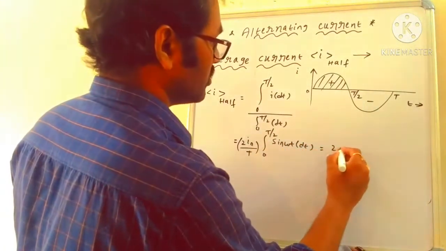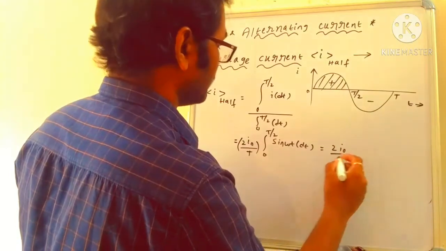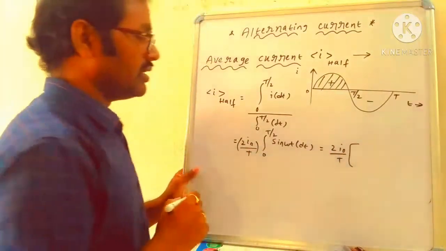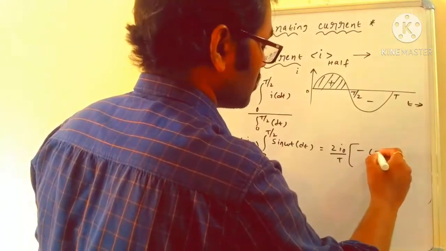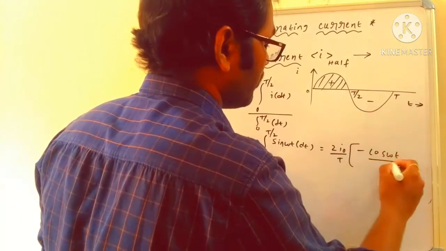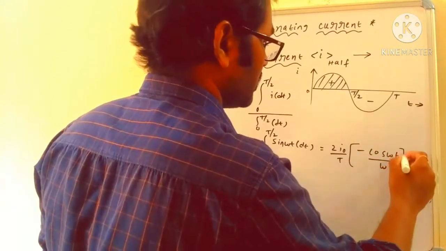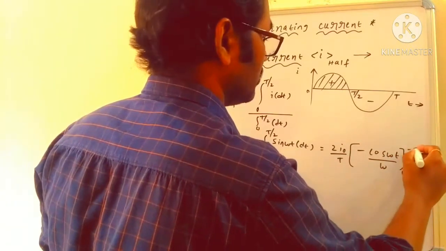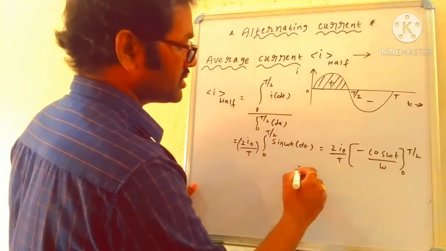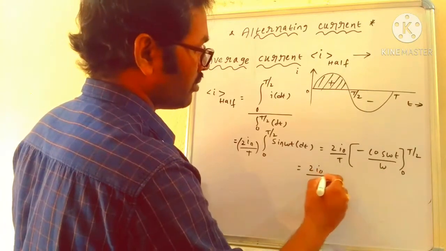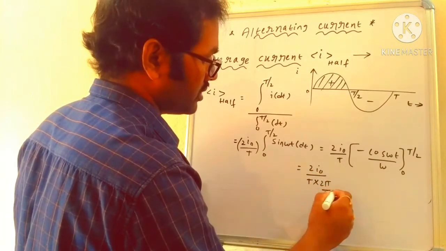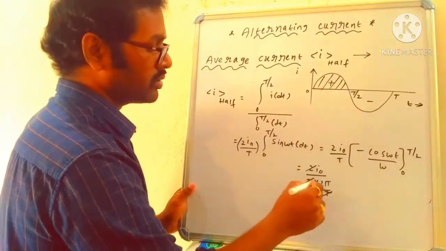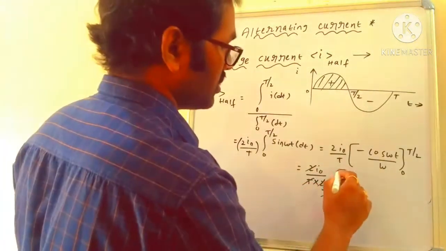That is equal to 2 I naught by T. The integral of sine omega t is minus cos omega t, so minus cos omega t divided by omega, for the limits 0 to T by 2. That is equal to 2 I naught by T, and omega is 2 pi by T. T gets cancelled out, and 2 also gets cancelled out.